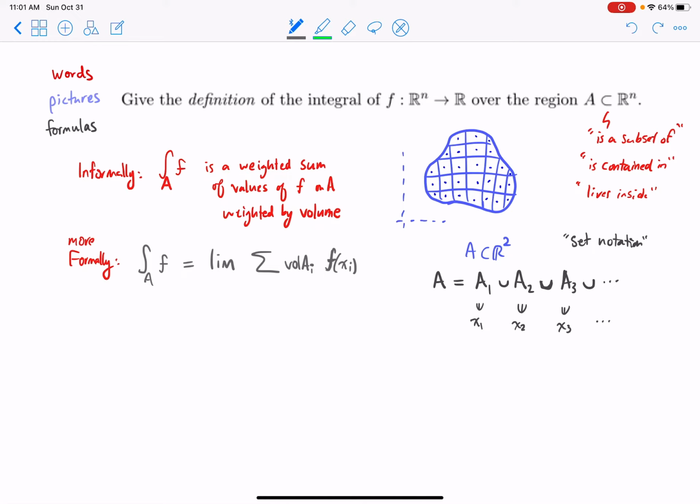We need to say what is the limit, and so then I'll add some words, and you have to add some words because we just don't have good enough symbols for this, where we take the limit as the size, or another word for size is the volume, the volumes of the pieces Ai go to 0.